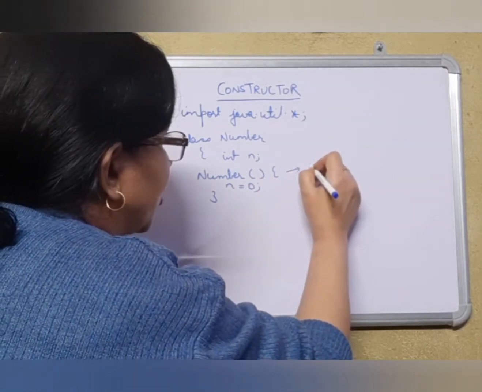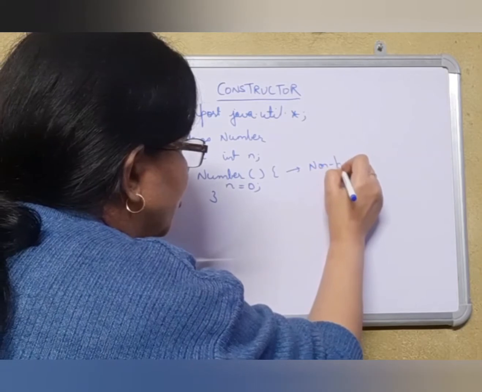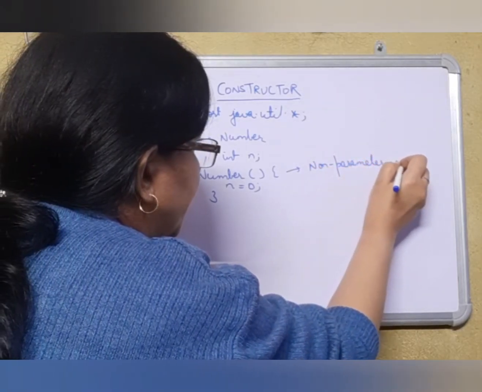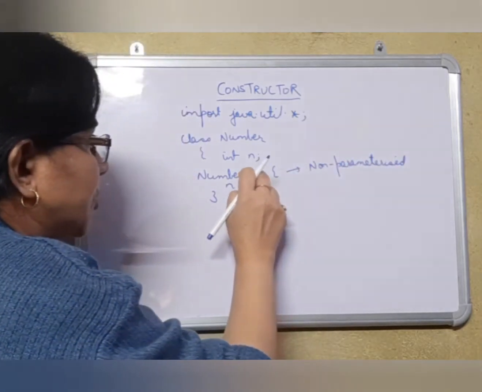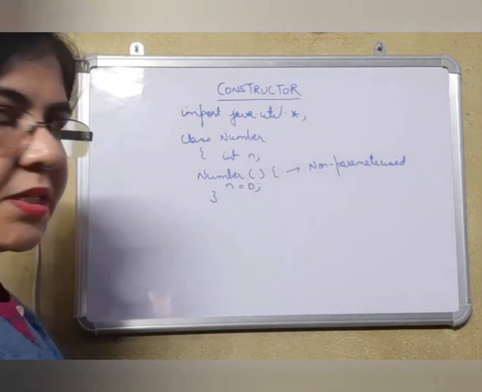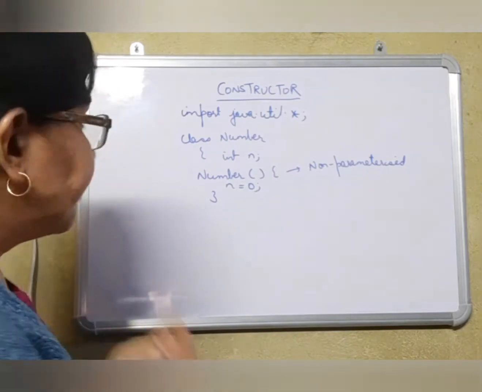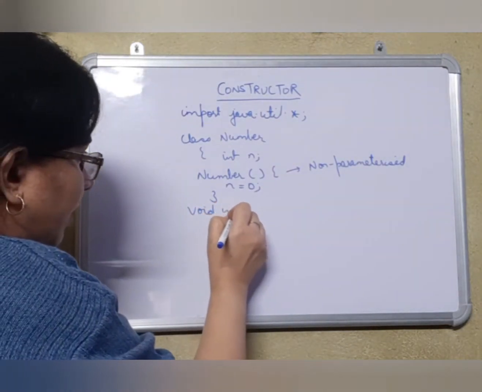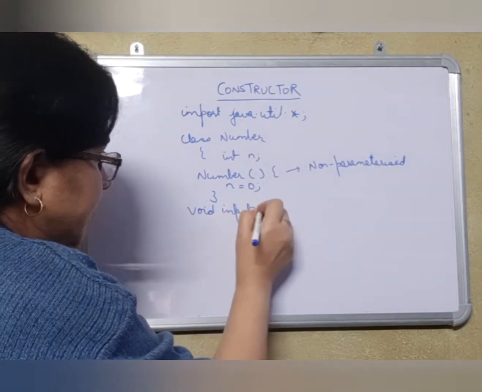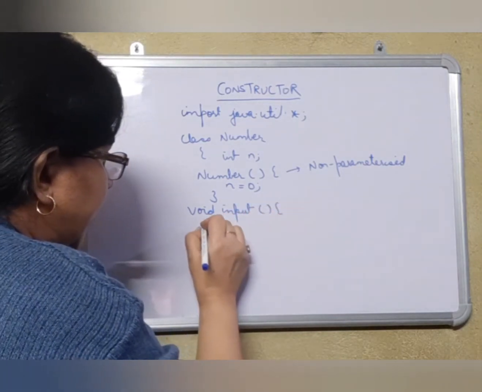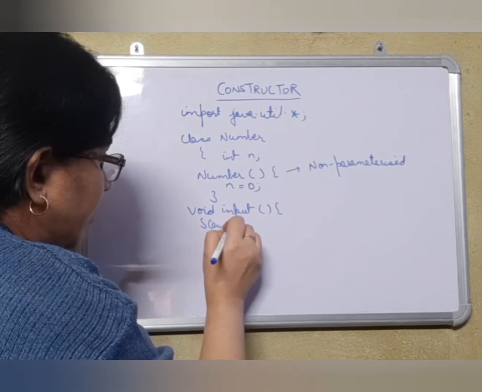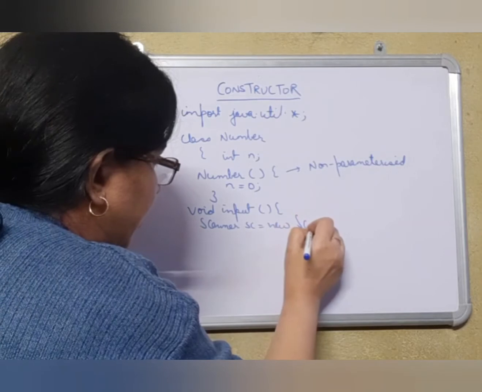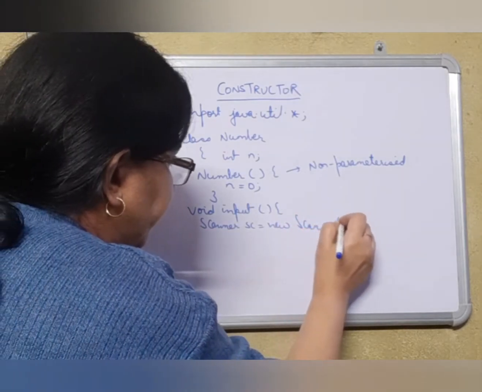This is a non-parameterized constructor. Non-parameterized means a constructor which does not receive anything as a parameter inside it. Right? Then you have got void input, in which you are declaring scanner in order to take the value of n.